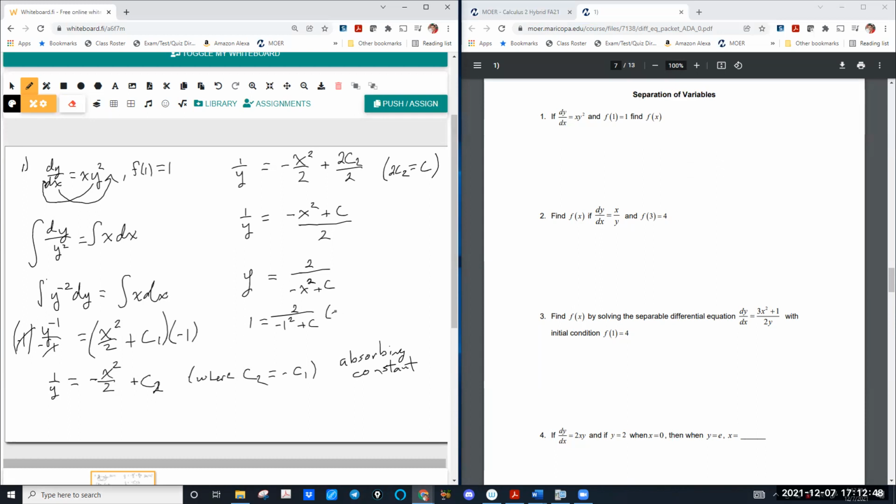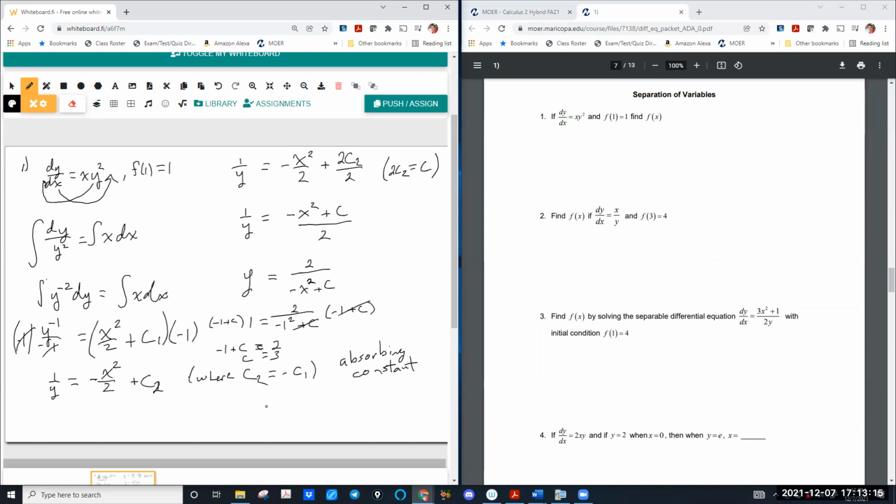Multiply both sides by negative 1 plus c, and negative 1 plus c gets rid of that. So we end up with negative 1 plus c equals 2. And adding 1 to both sides, we're going to get c equals 3.